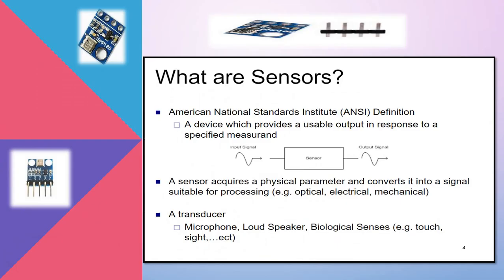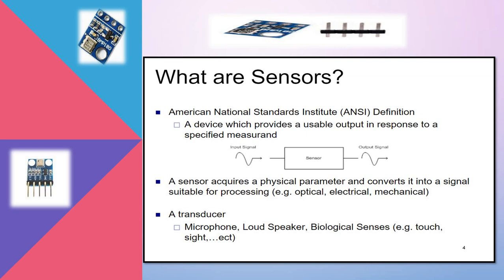So, what actually are these sensors? According to the American National Standards Institute, the definition is: a device which provides a usable output in response to a specified measurand. That is, a sensor is a device that detects and responds to some type of input from the physical environment.